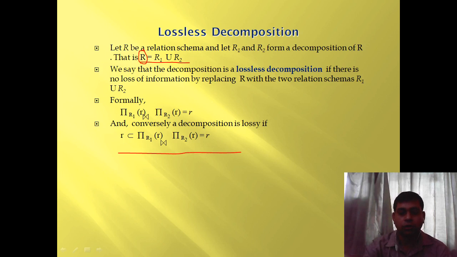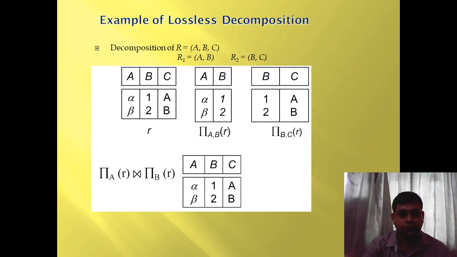Then it is called a lossless decomposition. And this is the explanation of lossless decomposition. Here ABC is the relation, it is divided into two parts, and after recombination, by natural join, it gives you the same set of data which matches the initial relation R. Okay, so these two are the same, so no spurious tuple is generated here like the one I showed you before.